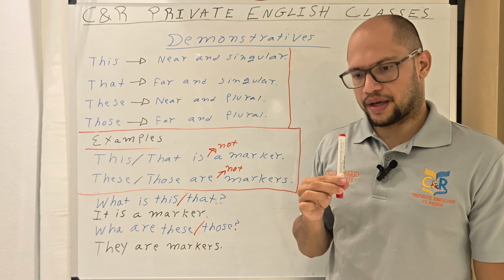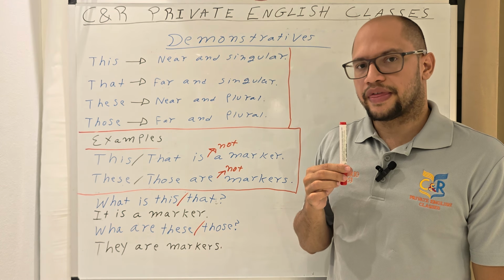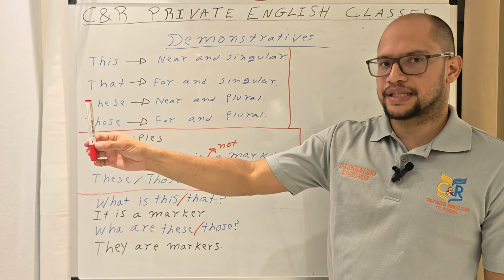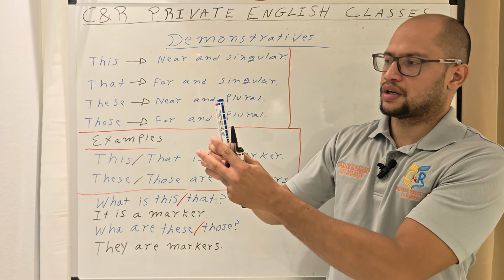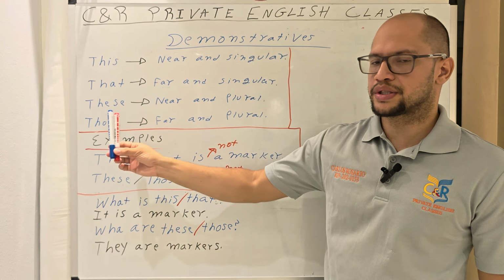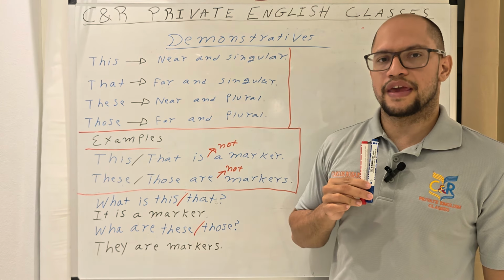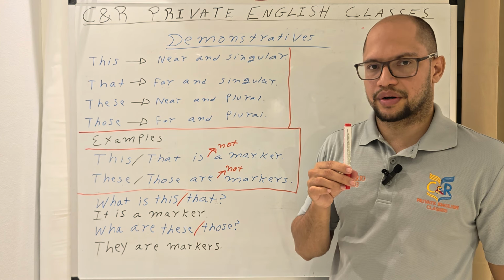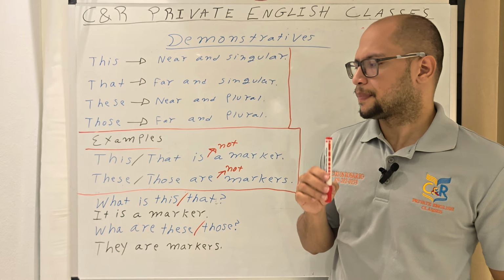Okay, here. This is a marker. That is a marker. Those are markers. These are markers. This is a marker. Okay.